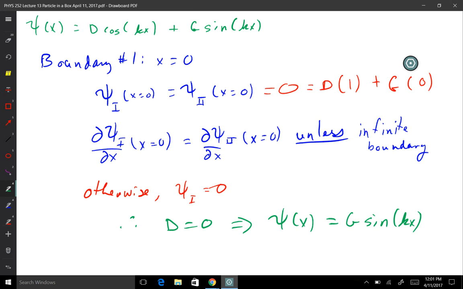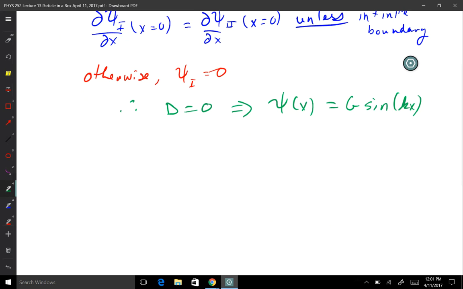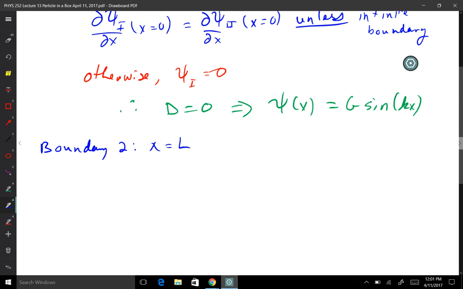Now let's go to our second boundary condition. I have my same two conditions. So I'm going to have psi on one side equals psi on the other side.